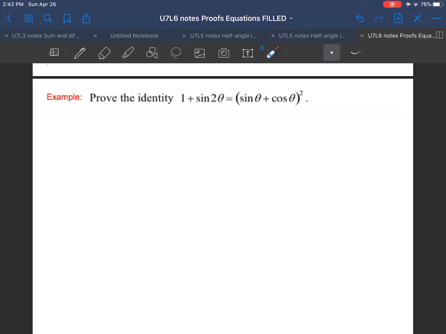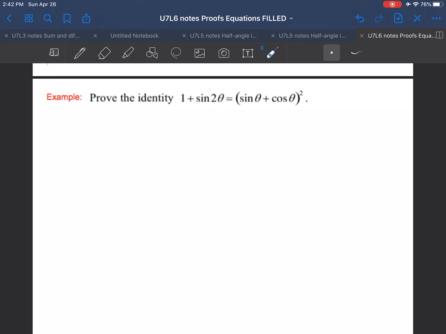So first one, prove the identity 1 plus sine 2 theta is equal to sine theta plus cosine theta, squared. So I'm actually going to work with this. Might be a bad idea. And you know what? Actually I changed my mind already because I know that sine 2 theta is 2 sine theta cosine theta. So I'm going to work with this because I know when I square it out, I'm going to get this.